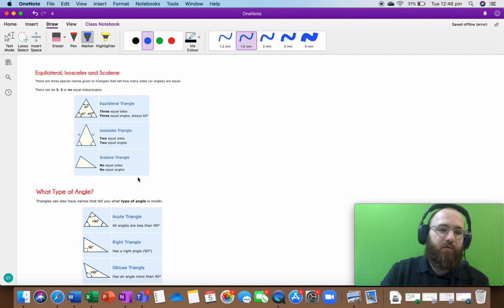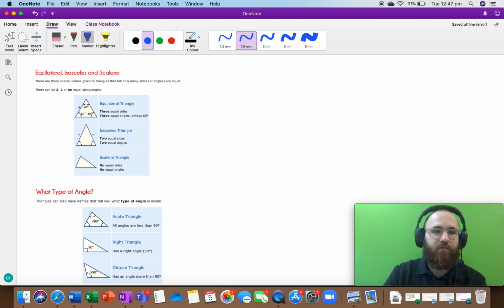So this is essentially what you would draw for your activity. So first, equilateral, isosceles, and scalene, focusing on our sides. So there are 3 special names given to triangles that tell how many sides or angles are equal. There can be 3, 2, or no equal sides and angles.